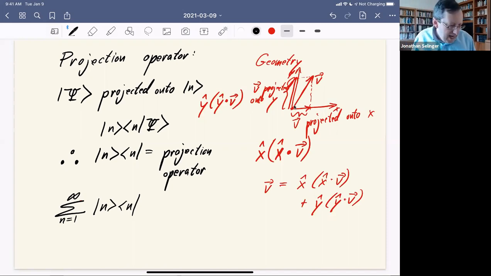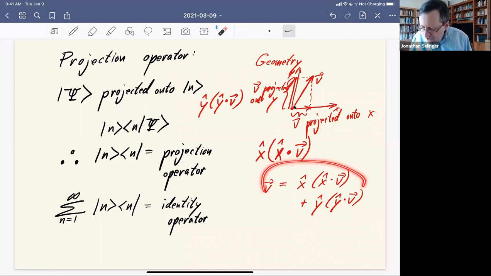This is going to be just the identity operator. That is, it gives us back the original ket, whatever we started with, the same way that we get back to the original V over there.